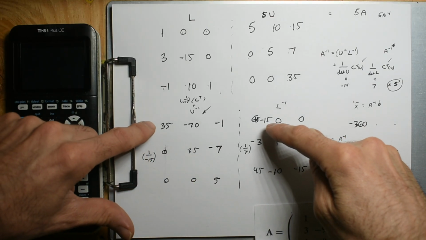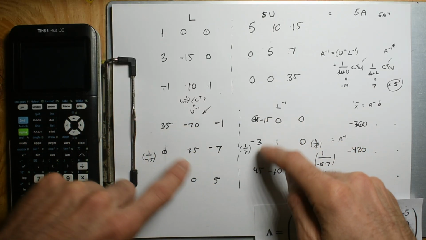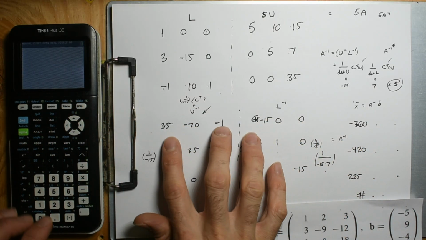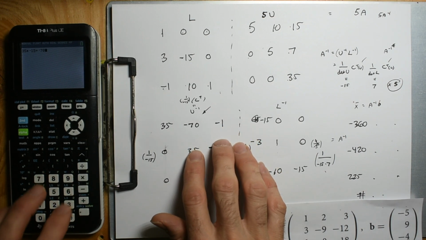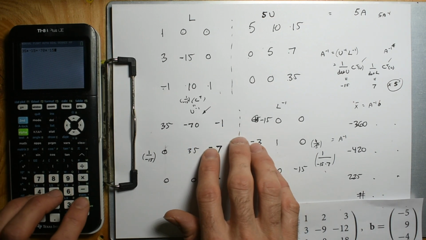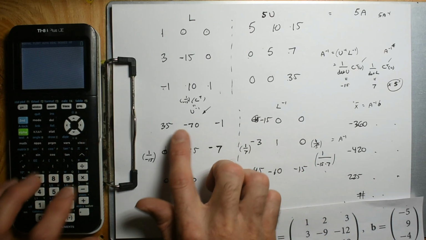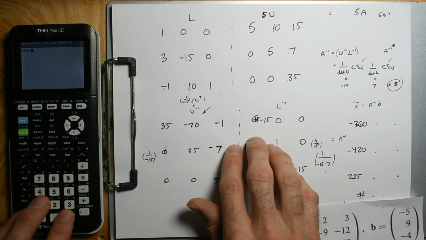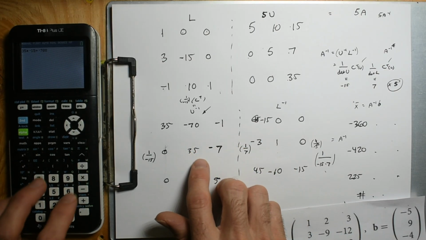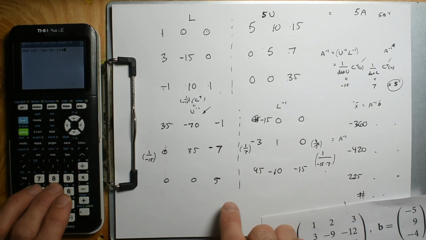So this is the first row, first column. Let's redo the first row, first column. We got to go like this: 35 times negative 15 plus negative 70 times negative 3 plus negative 1 times 45.